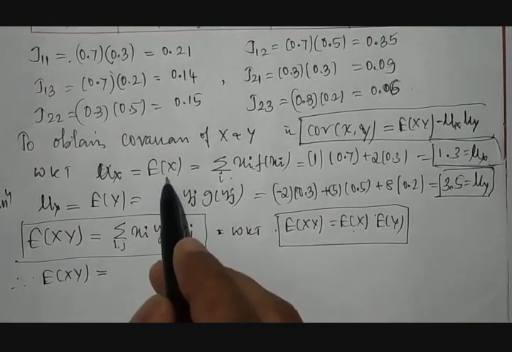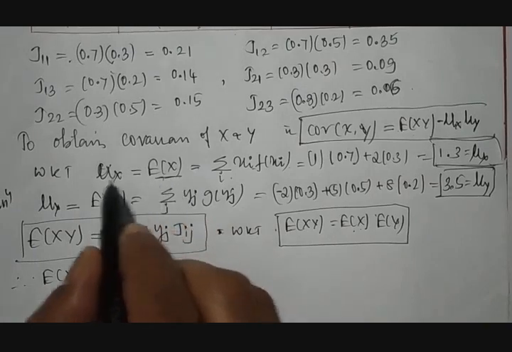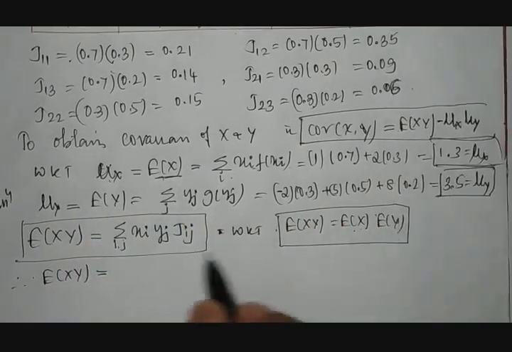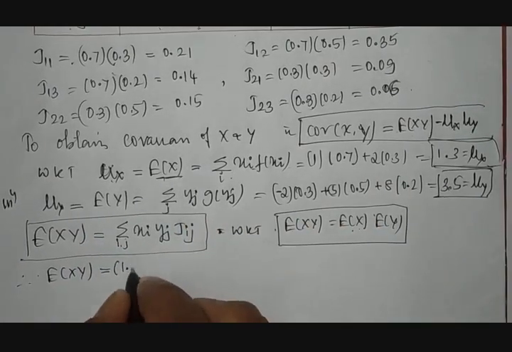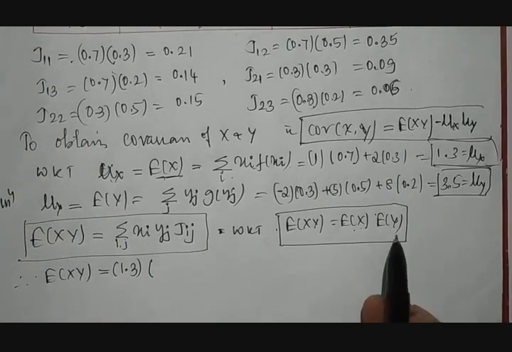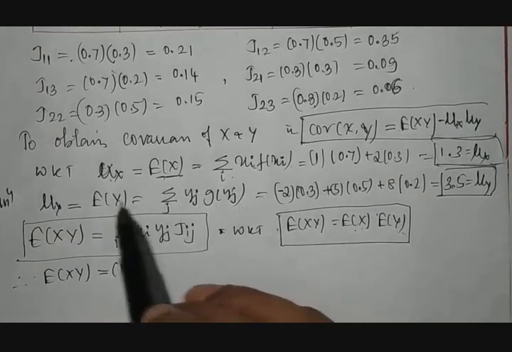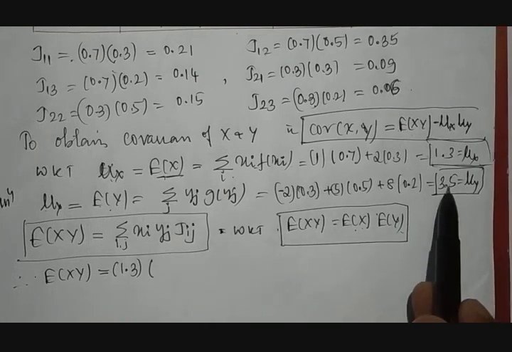What is expectation of x? Expectation of x is nothing but mu x, that is 1.3. So it is 1.3 into expectation of y, that is nothing but mu y, that is equal to 3.5.